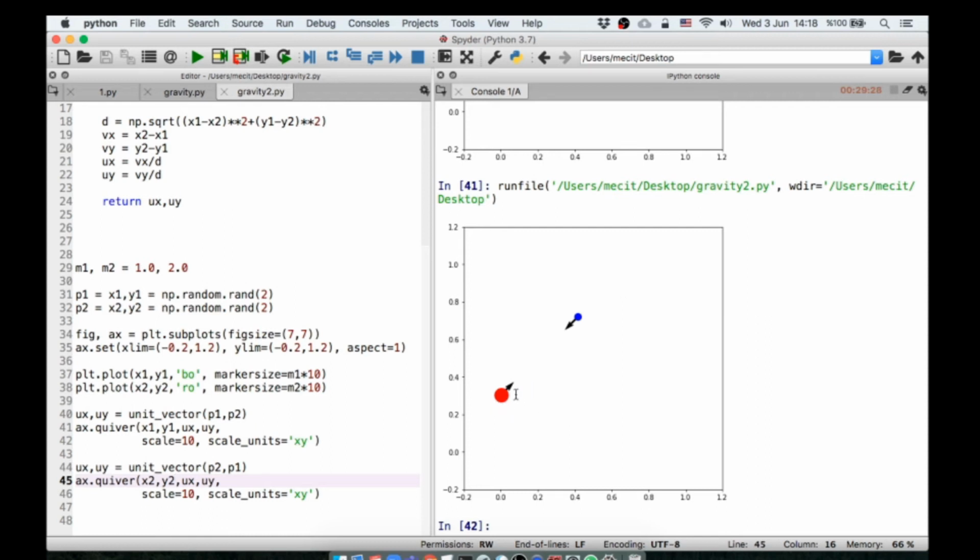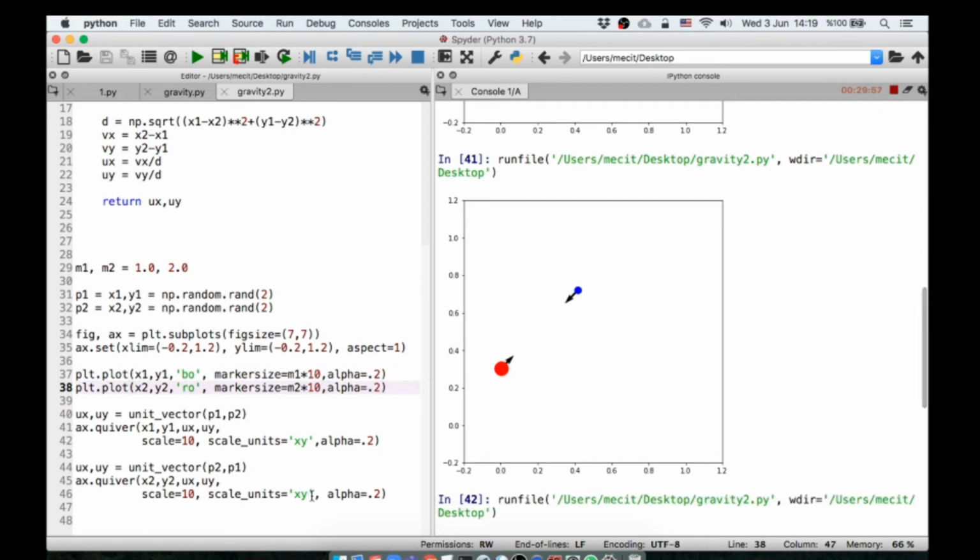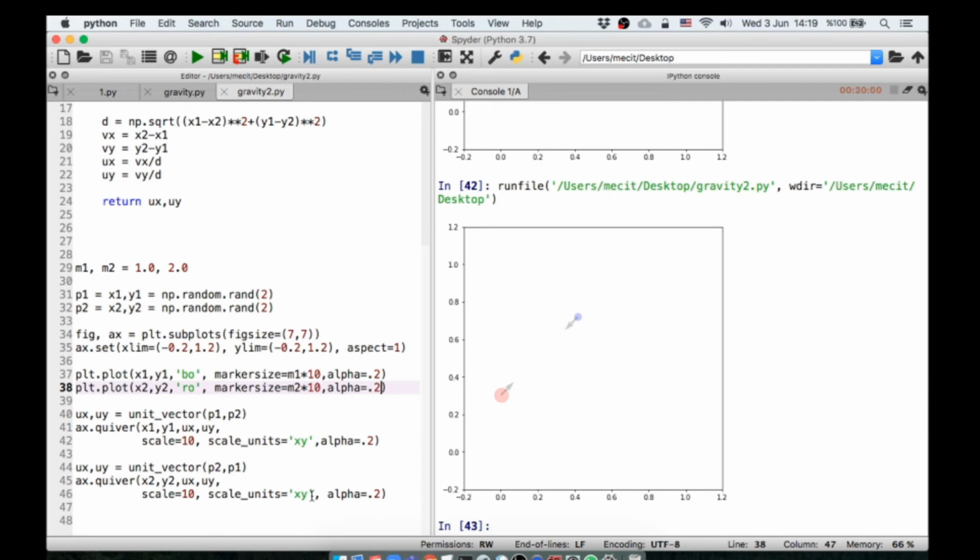But because of the opacity of the points, you can't see the full vector. So I want to add an alpha to both of them, make them transparent, so we can see clearly the two unit vectors.